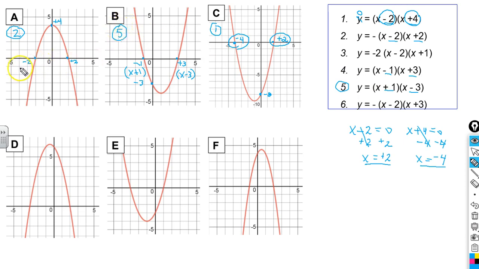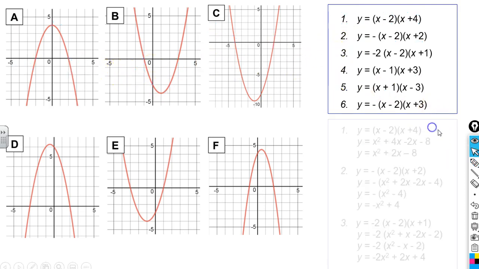And here, this would be x plus 2 as my first factor, and x minus 2 as my second factor. So x plus 2 and x minus 2 would give me equation 2. So we know that these are the three equations that represent these three graphs.